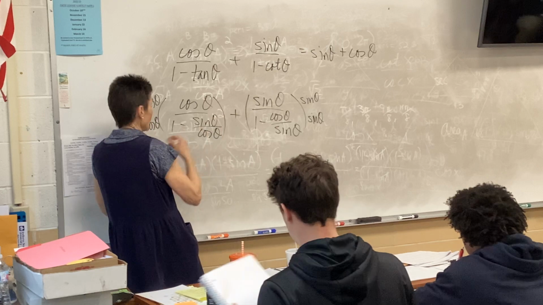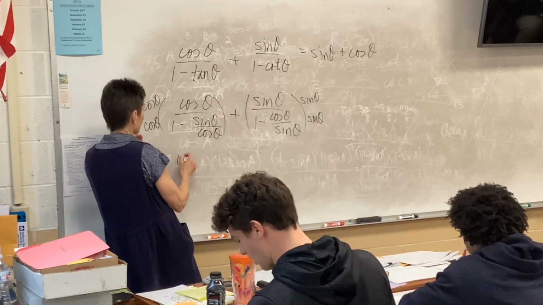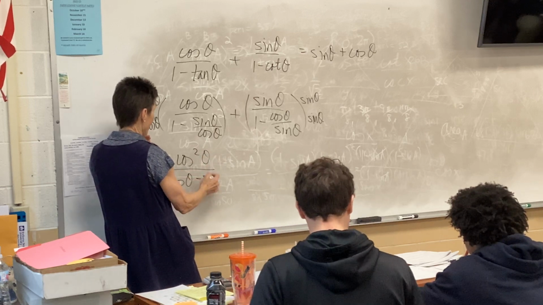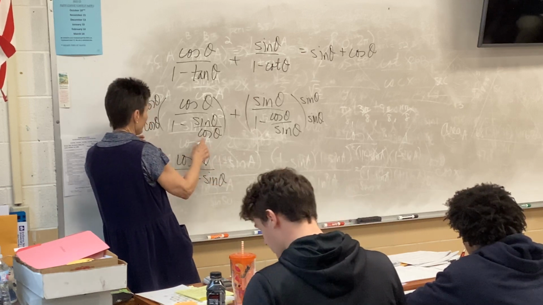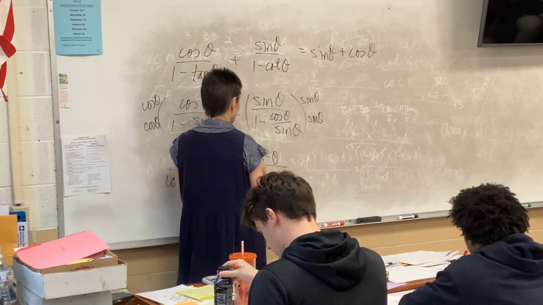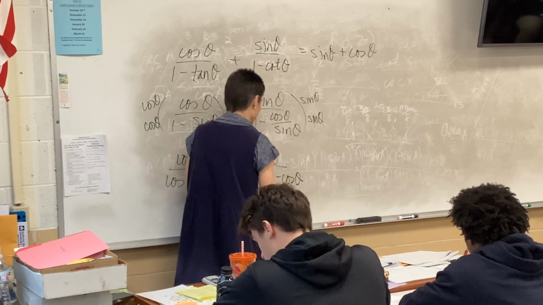They're two separate problems. You don't have to do the same thing to both of them. So I've got cosine squared over cosine minus sine when I multiply by cosine, and then I have sine squared over sine minus cosine.